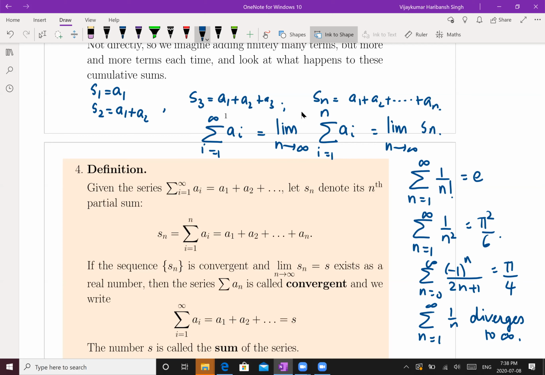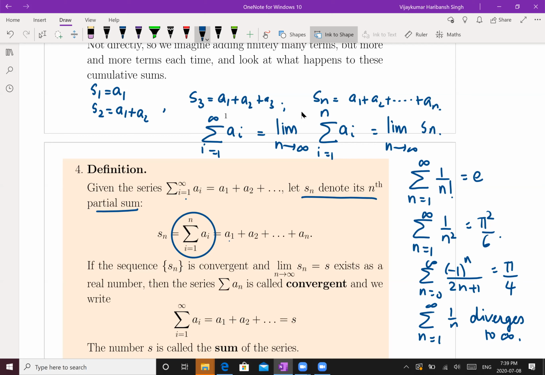Given a series summation i going from 1 to infinity of ai, which is a1 plus a2 plus a3 dot dot dot, let Sn denote the nth partial sum. That means you add a1 plus a2 plus a3 plus a4 plus a5 all the way until an, and in short this can be written as summation i going from 1 to n of ai.